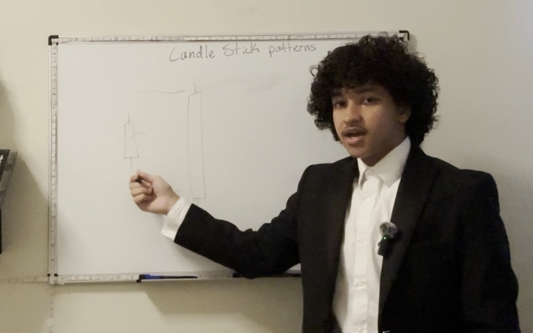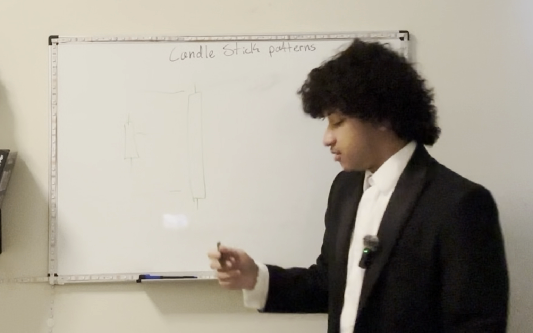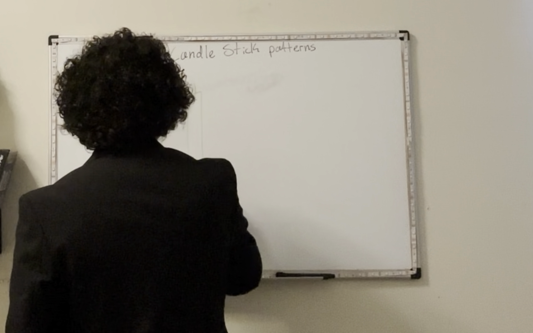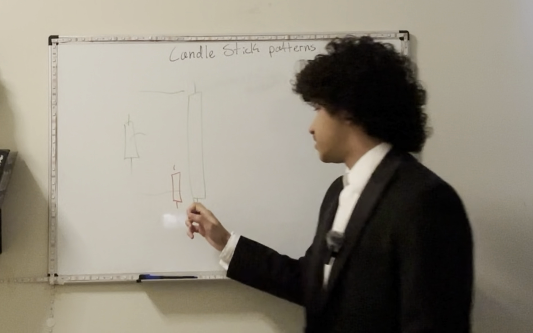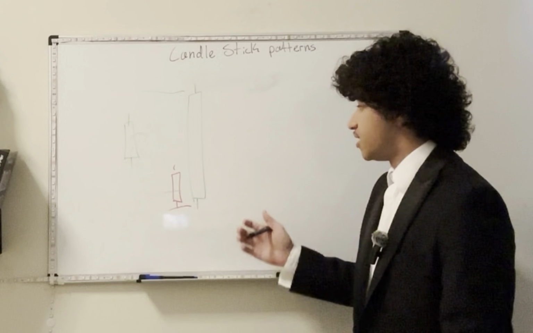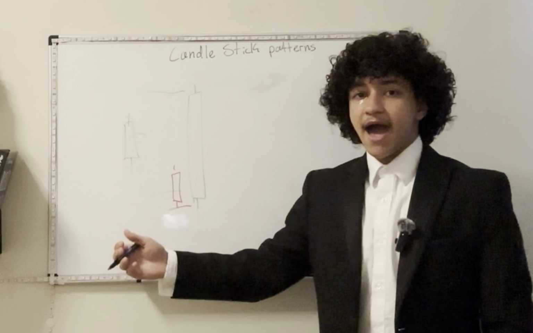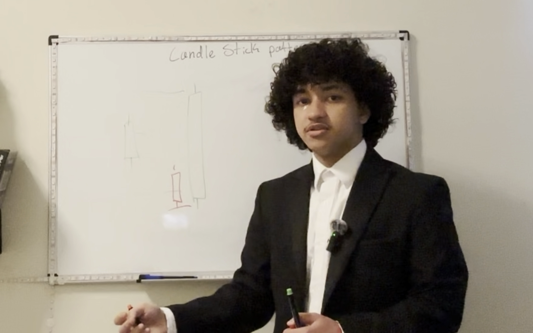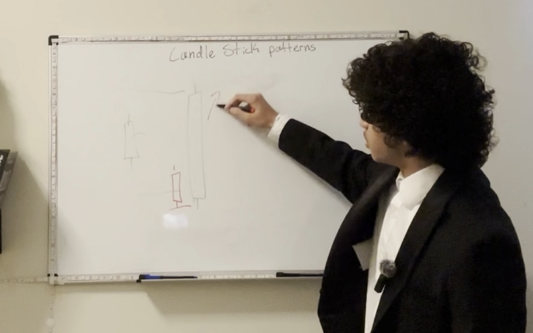If the previous candle was red, this would be an engulfing pattern. That means there was way more buying. The buyers were engulfing the sellers, so that's a good indication that the market would go up.